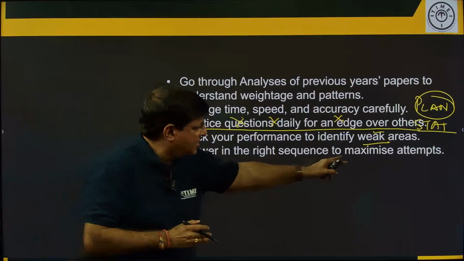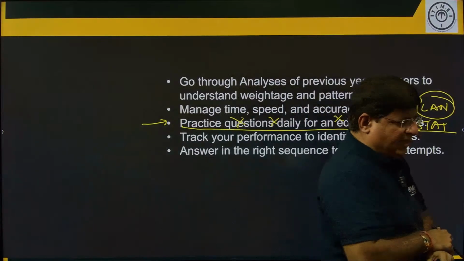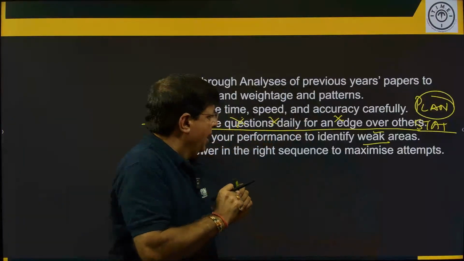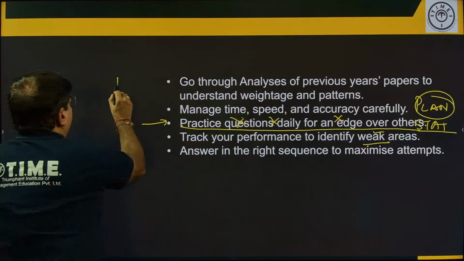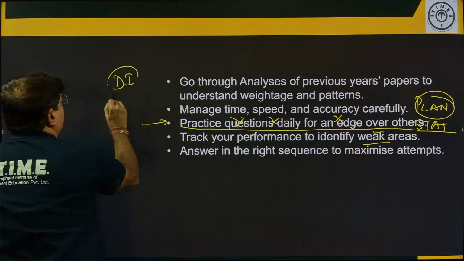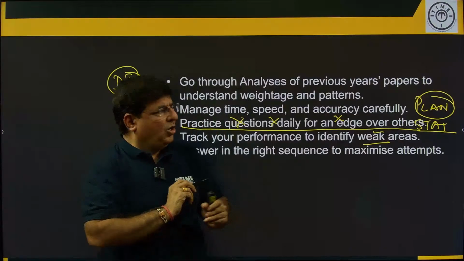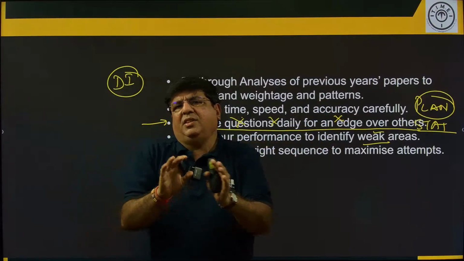Answer in the right sequence to maximize attempts. Now, since we are discussing the quant section, I'll tell you something about the quant section only. Now, we have seen what are the topics in the quant section. Data interpretation should be attempted in the last. Don't start your exam with the DI. Not even IBPS RRB PO. In fact, any exam, don't start with the DI.